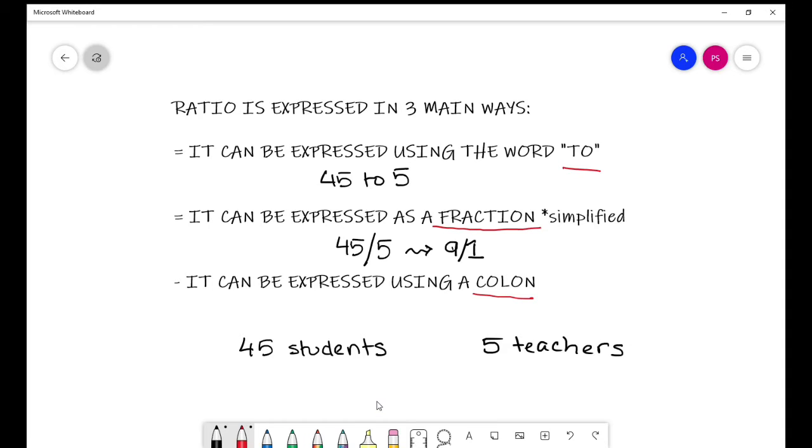Lastly, a ratio can also be expressed using a colon. So we would write 45 colon 5. It is important to note that while dealing with ratios, order matters. What does that mean?